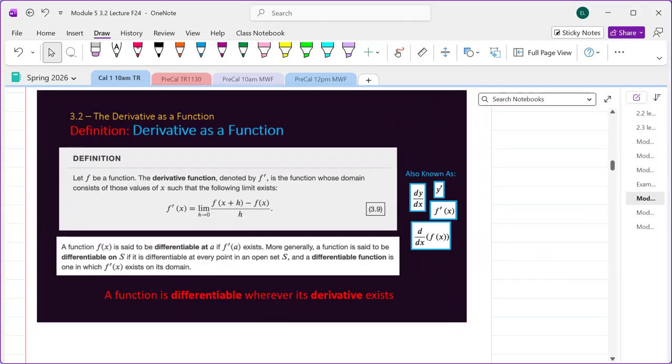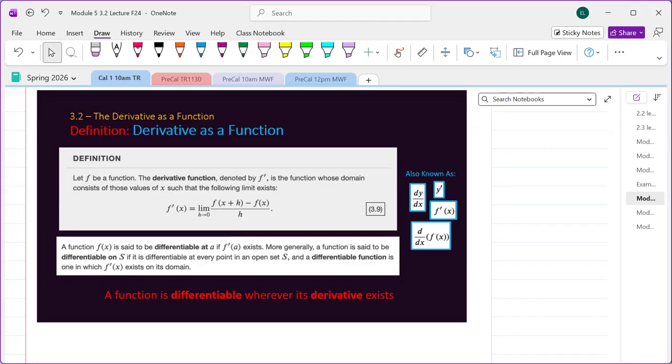So we have some fancy definitions. This is the definition of the derivative, but they wrote x instead of the a. A function is said to be differentiable at a if f prime of a exists, which means that limit exists for the x value a. Then we can expand that and say, well, what about if that's true for a whole bunch of a values?